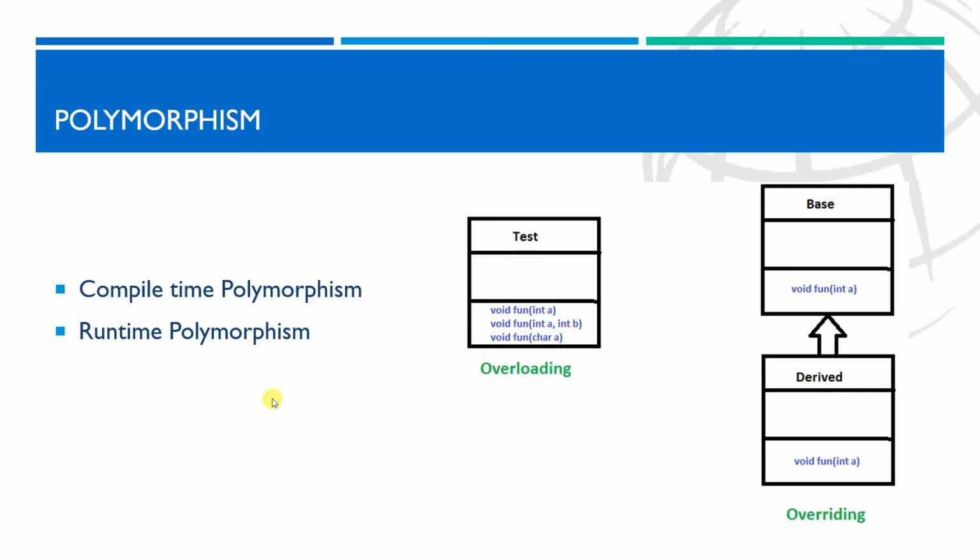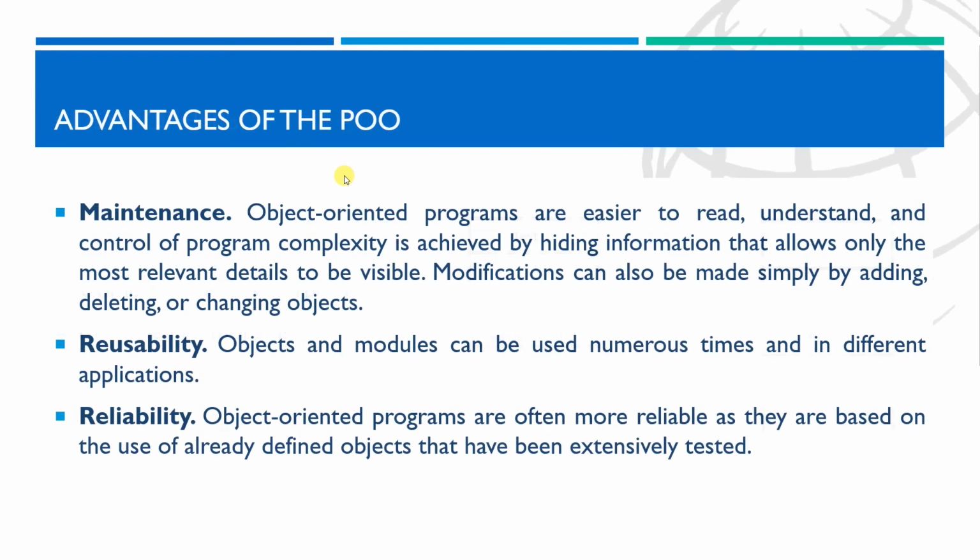And then the advantages of object-oriented programming. There are maintainability, reusability and reliability. Maintainability: object-oriented programs are easier to read and understand, and control of program complexity is achieved by hiding information that allows only the most relevant details to be visible.